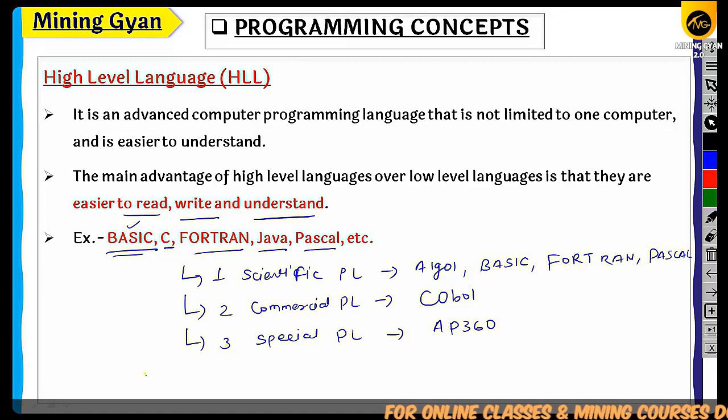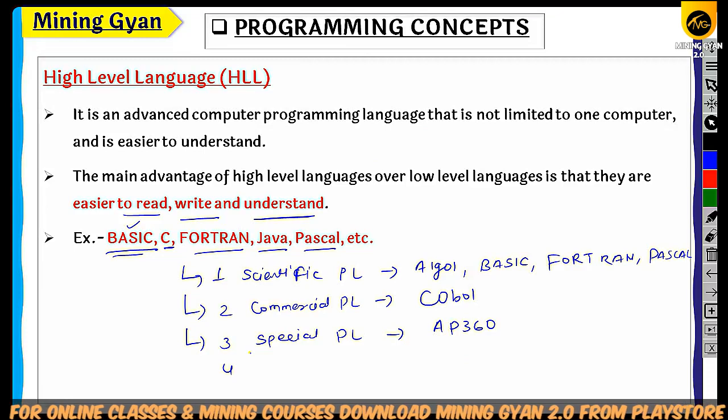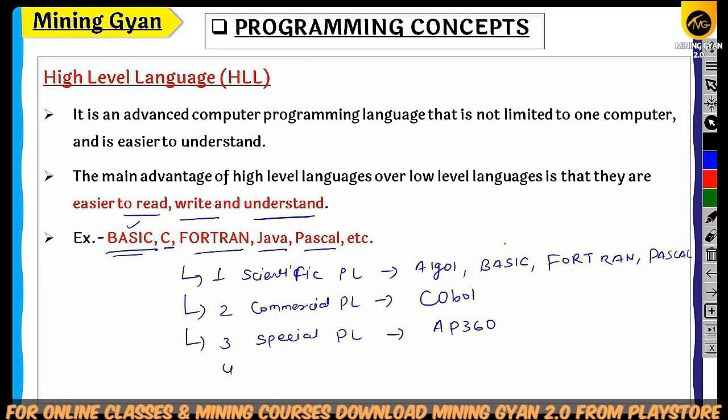The next one is multi-purpose. Some high level programming languages are used on different platforms. Like BASIC is specially designed for scientific programming, but it is also used for commercial or some special purpose programming. So BASIC belongs to the scientific and also the multi-purpose programming languages.